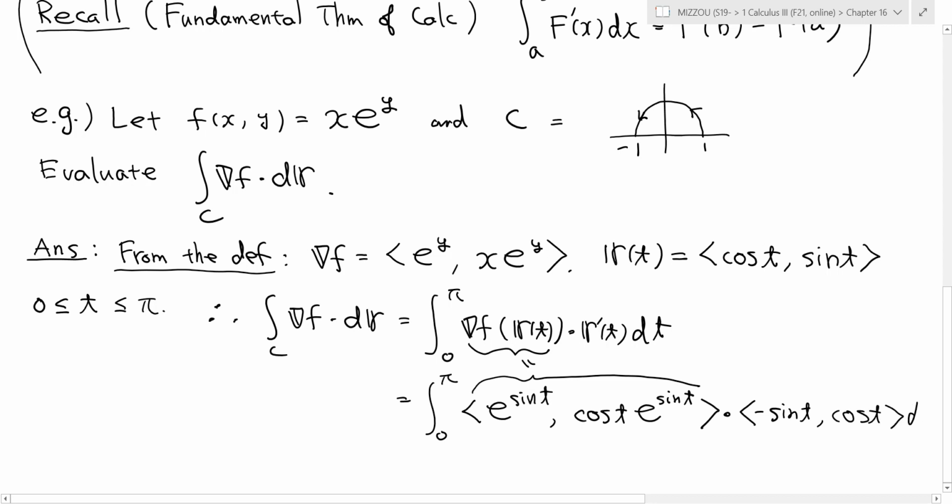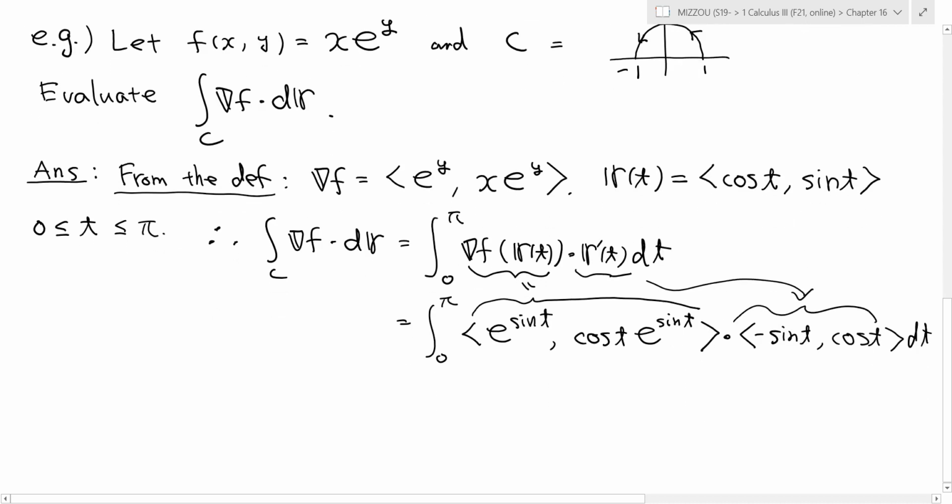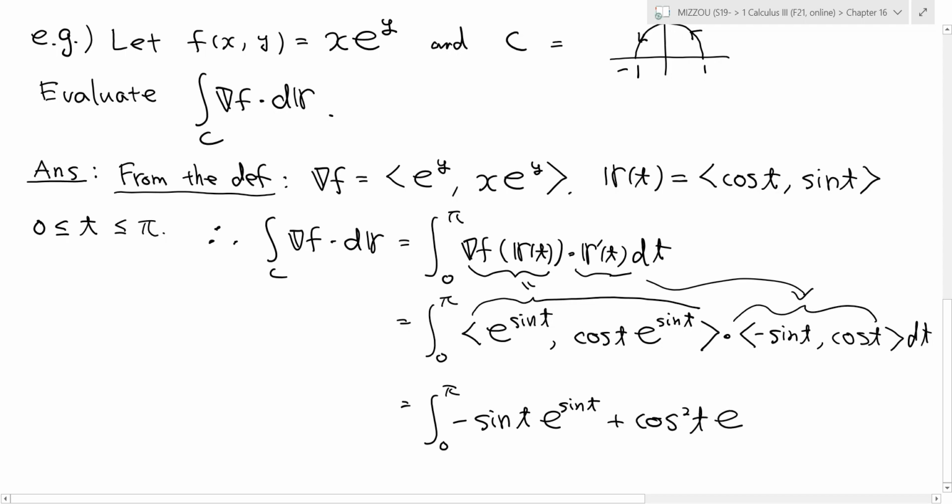All right. Then you work this out and compute the dot product, dt.